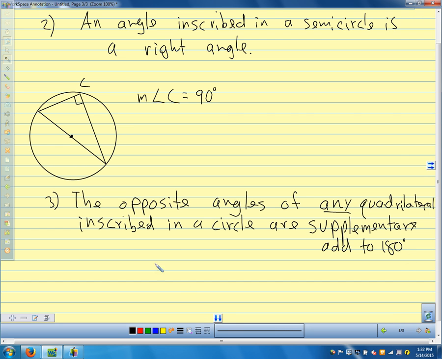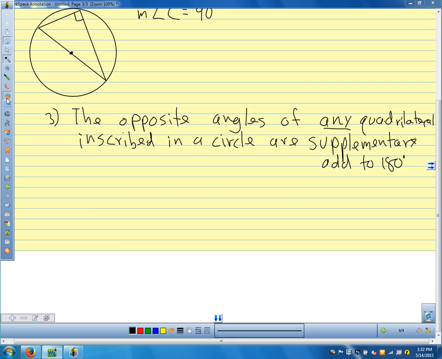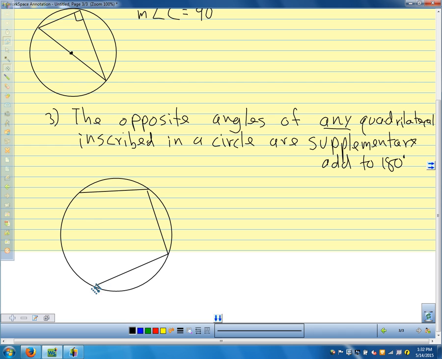All right, so our picture here. We have a circle, and we have any quadrilateral. Quadrilateral means 4 sides. Any 4-sided shape. I can inscribe any 4-sided shape into that circle. And this tells us that the measure of angle A plus the measure of angle C is 180.